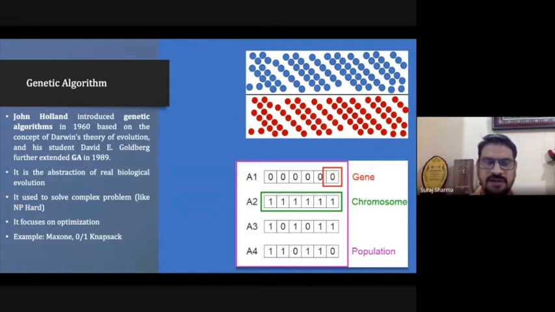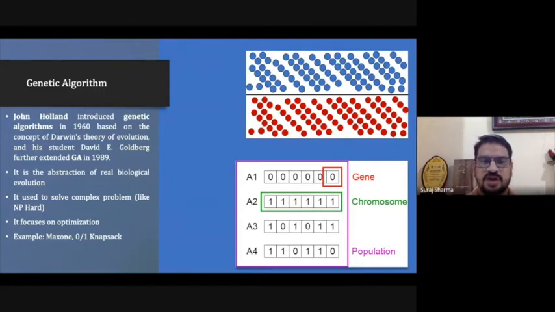Real biological evolution means, as I told you, two parents get together to give birth to a child, and this child has the best qualities of its parents. Those qualities are called genes.